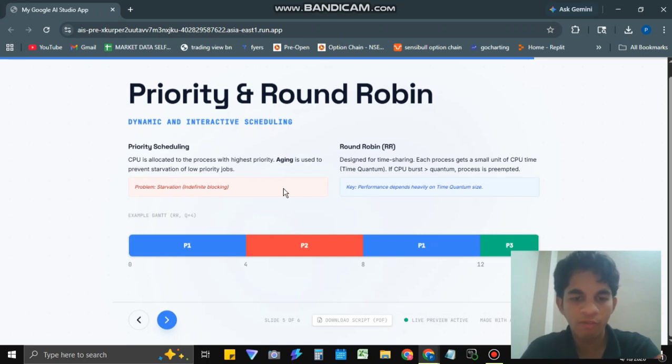Since SJF can be unfair, we have two other popular methods like I told you earlier. First one is priority scheduling. In priority scheduling, we can take it as an analogy of a VIP line at a club. So certain tasks like system updates or mouse movements have higher priority than say a background print job.